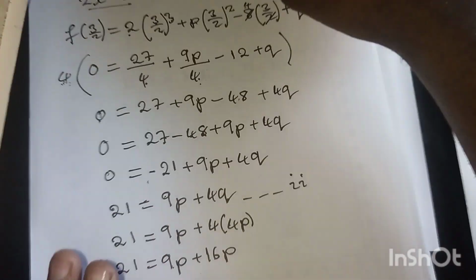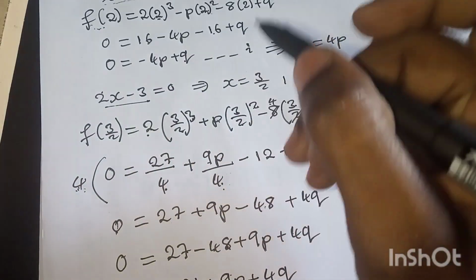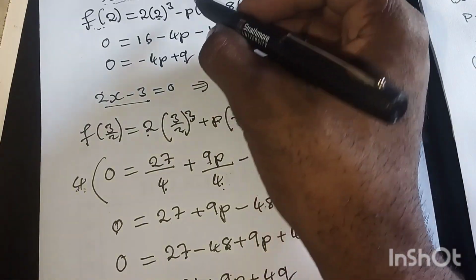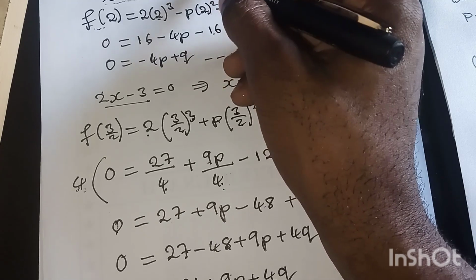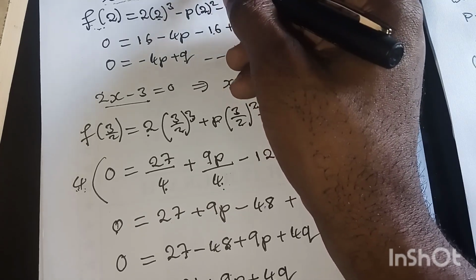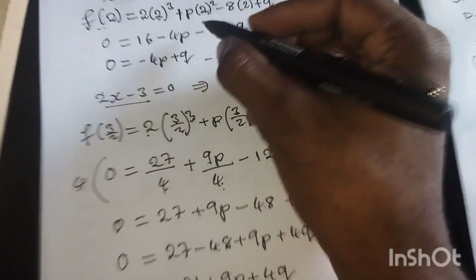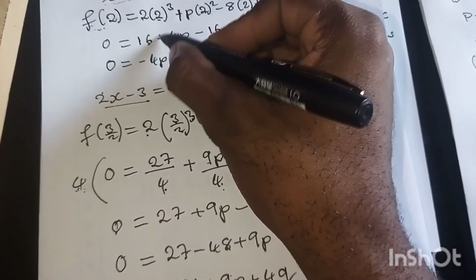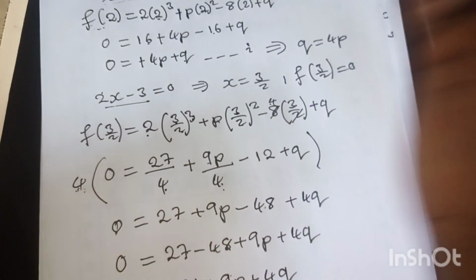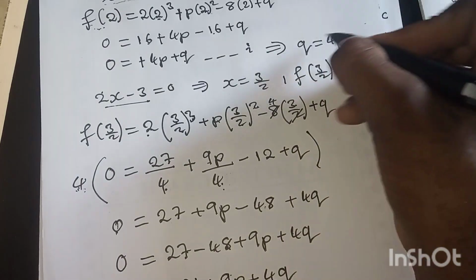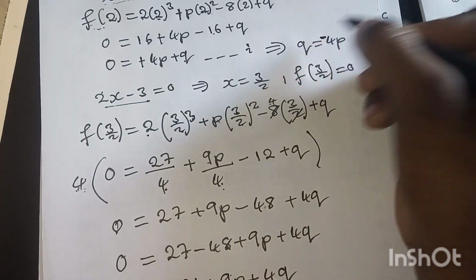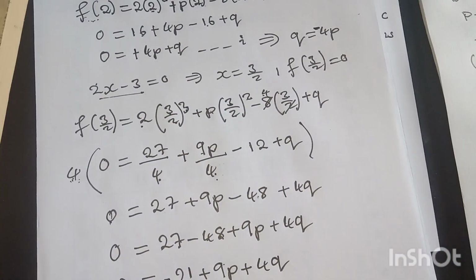So I've just realized a mistake here. We had plus px squared, so this should have been a plus. So this one should have been a plus, this one should be a plus, so this one will be a negative 4 when you take it to the other side.